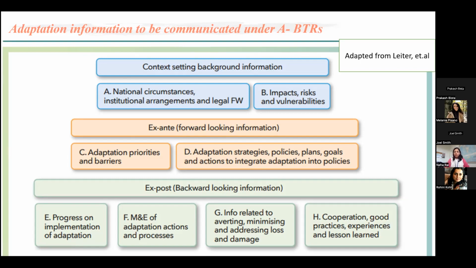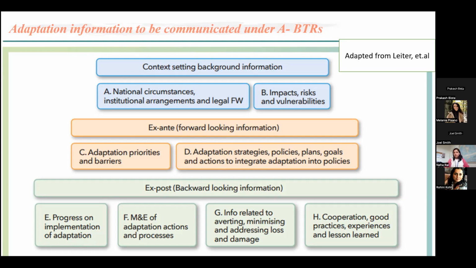The metric framework can be particularly useful for elements E and F, which is on progress on implementation and M&E of adaptation actions of the BTR, for reporting on how agriculture actions are showing performance in terms of improving resilience and reducing vulnerability to climate change, and can be used for the enhanced transparency framework and the BTRs that will be submitted by countries.